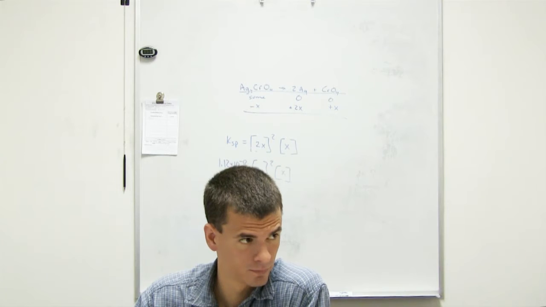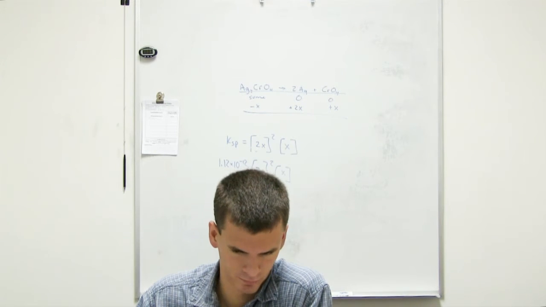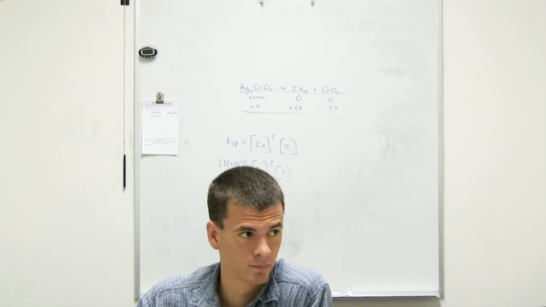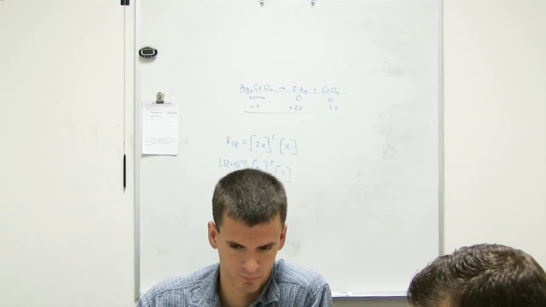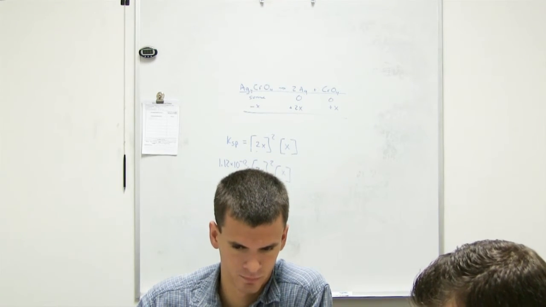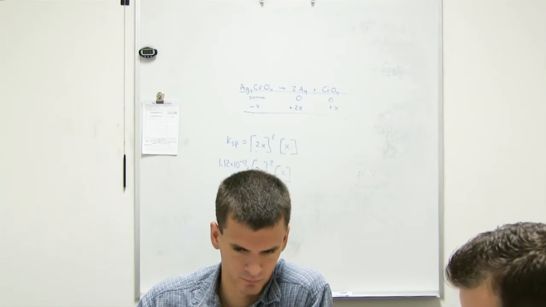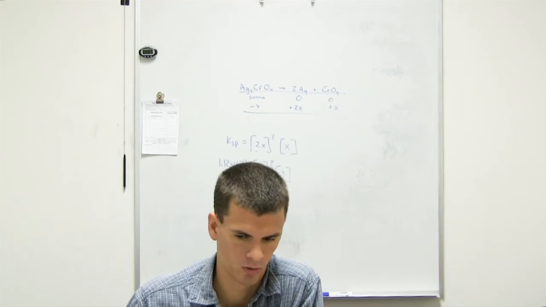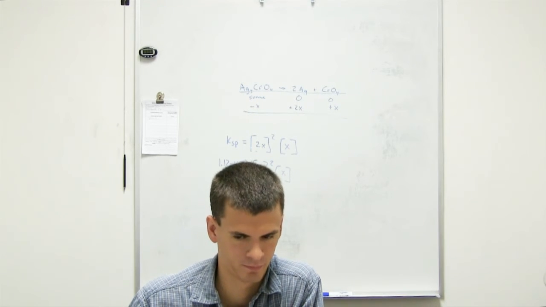So what are we saying? So silver chromate, when it's put into a pure solution of water, is more soluble than when it's put into this aqueous solution of... What's the aqueous solution? So we put it into potassium chromate, it wasn't that soluble.